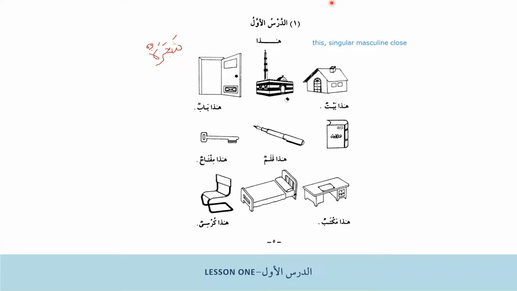Okay, does everybody else want to agree or disagree before we reveal the answer? هذا مسجد. نعم. Okay, so you agree. Let's see if this is actually what you are saying. Yes, هذا مسجد. This is a masjid.